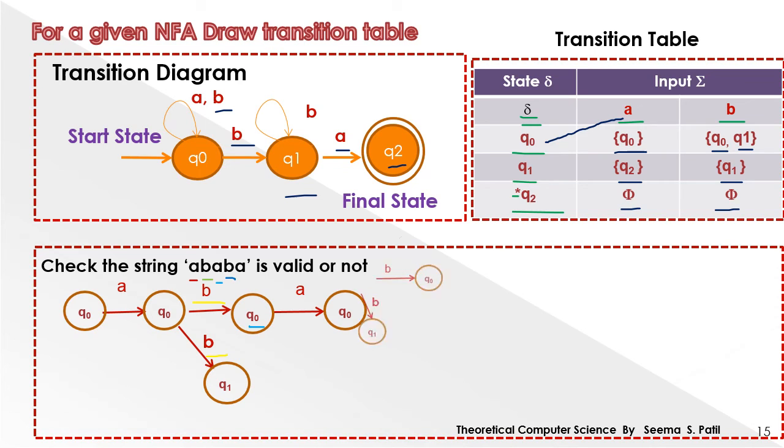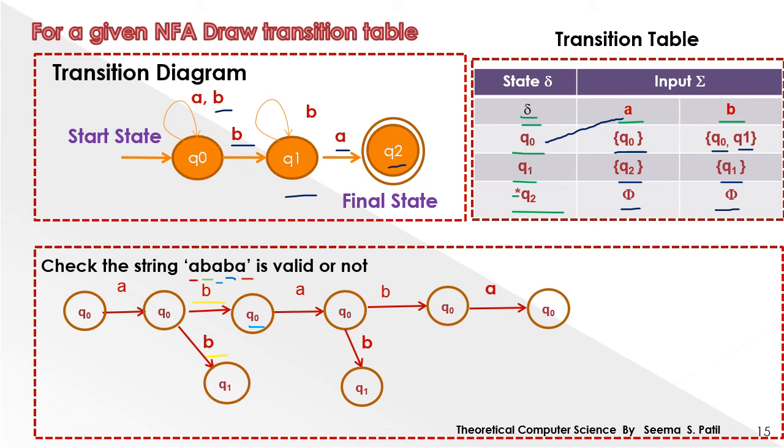Again you have to move from Q0 to Q0. But you can get it from Q0 to Q1 also. So you can write here B. Next symbol is A. How you will get A? From Q0 you will get A on itself in this way. And from Q1 you will get A, which will go to the Q2.